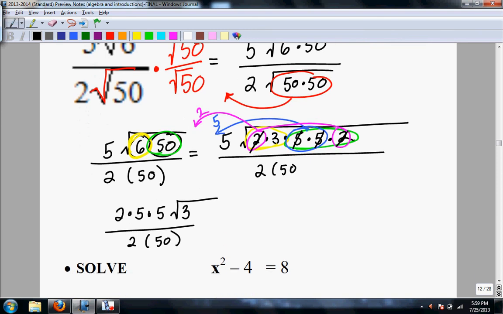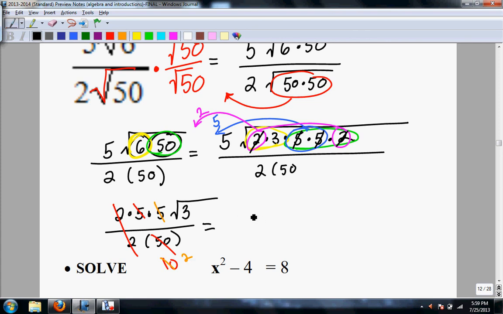Now the last step is to reduce if you can. So to reduce here, the 2s cancel automatically. 5 goes into 50 10 times. 5 goes into 10 twice.